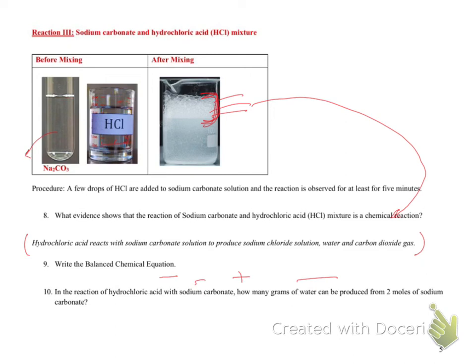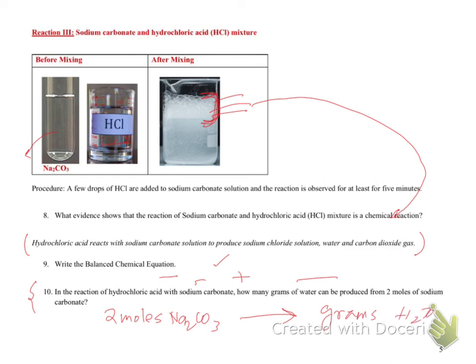Now in this question, once you have your balanced chemical equation, you have to answer one stoichiometry problem: if you're starting with 2 moles of sodium carbonate, then how many grams of water will be produced?